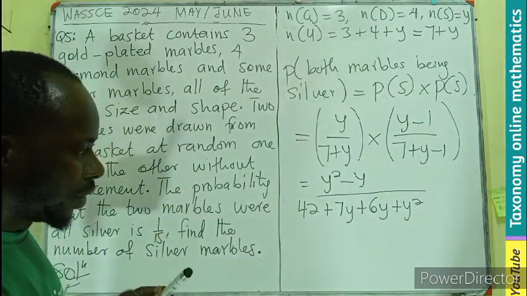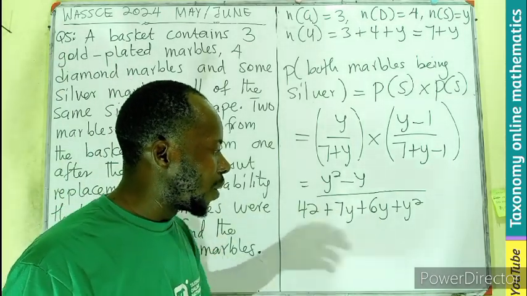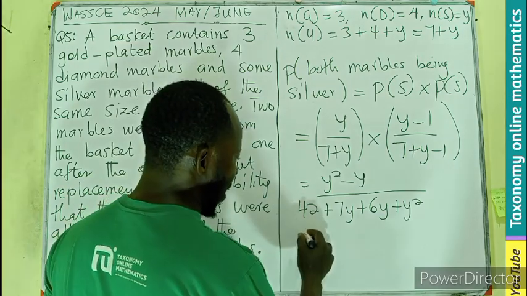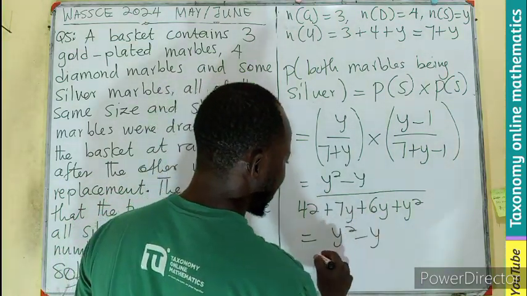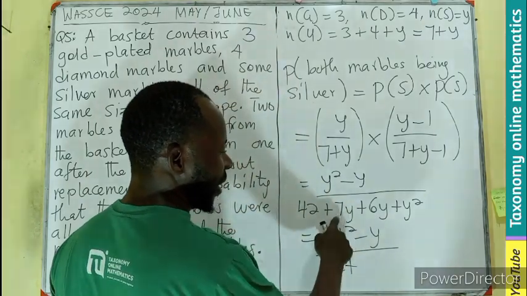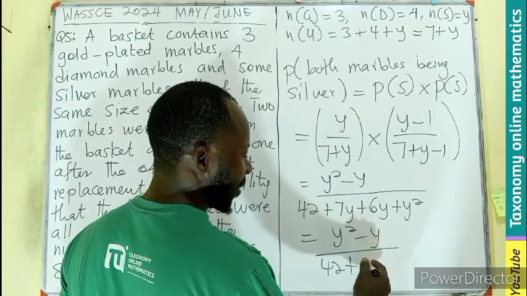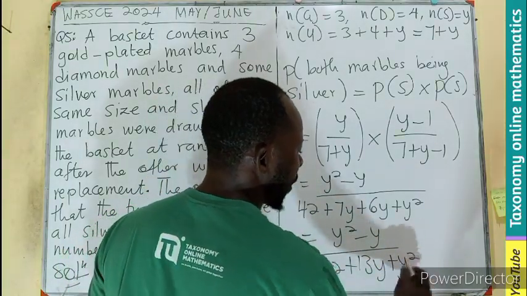We can simplify the denominator once more since we have y components. This gives y squared minus y divided by 42 plus 7y plus 6y, which is 13y, plus y squared.